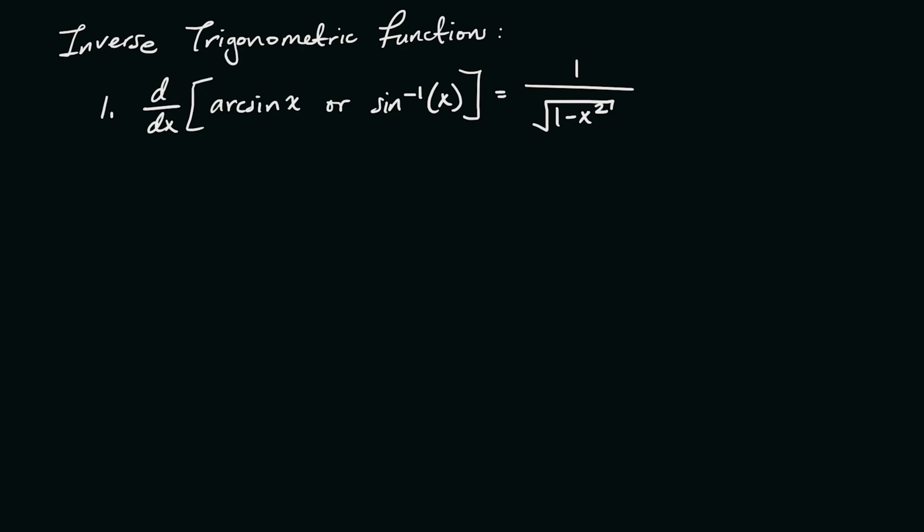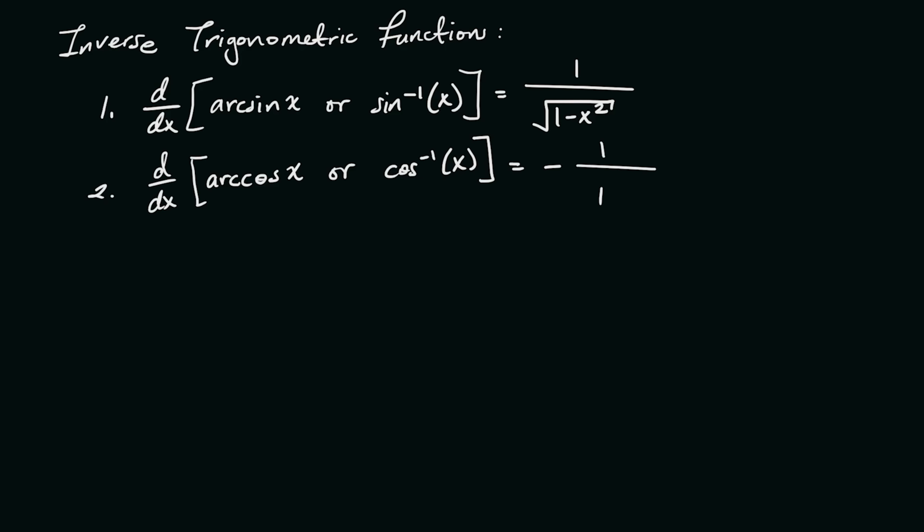Now, for our second one, we're going to do the inverse of cosine x. So the derivative of arc cosine x or cosine -1 of x. Now, as we've seen in the previous problem where it has the negative, it also applies here. So this will just equal to -1 over the square root of 1 minus x squared.